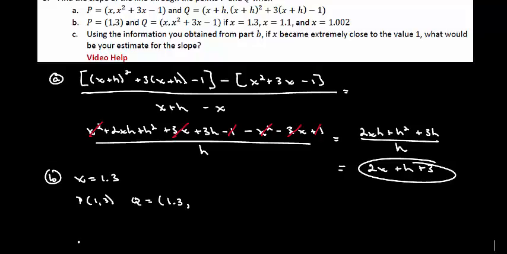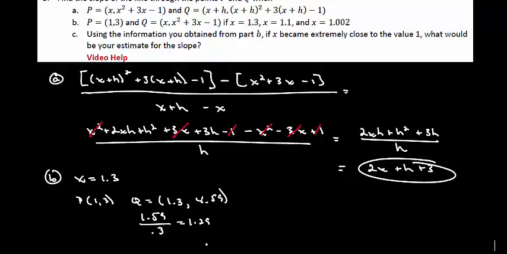Now I've got to take 1.3 and actually plug it into that equation. So we got 1.3 squared plus 3 times 1.3 minus 1, which looks like it's 4.59. So now I'm going to take the difference in the y values, which is 1.59, divided by the difference in the x values, which is 0.3. And I'm going to get 1.29.